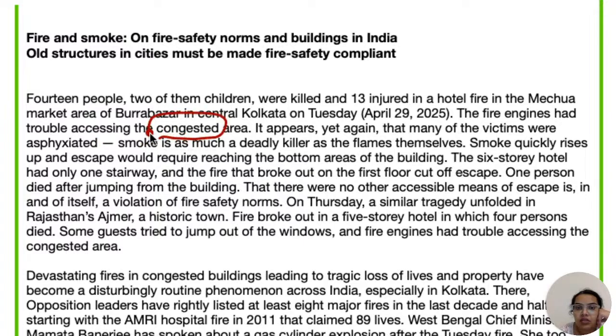Part of speech of this word. Part of speech of the word that I have encircled.